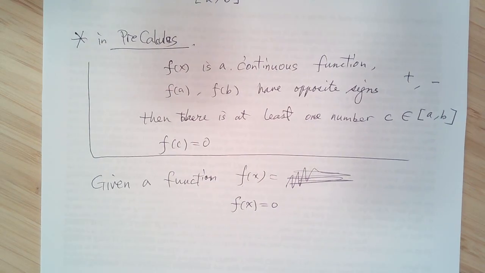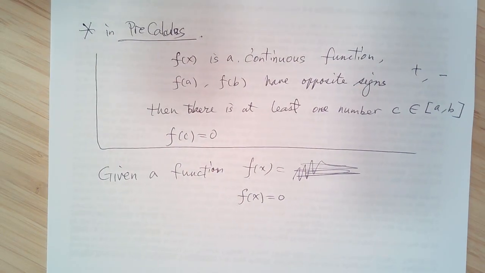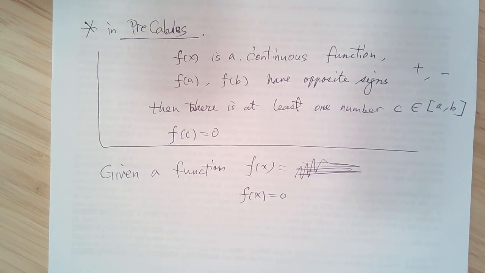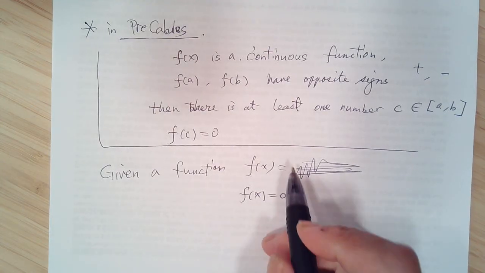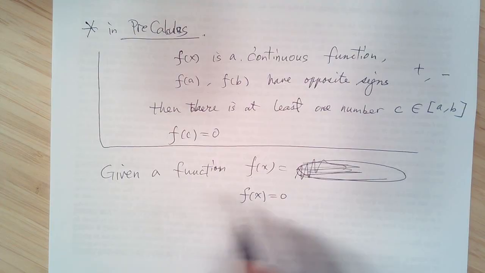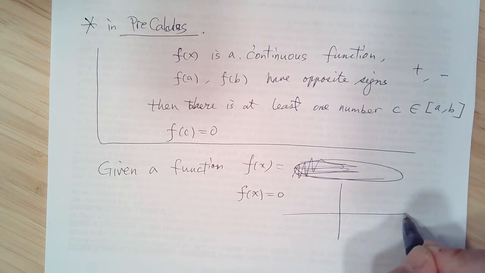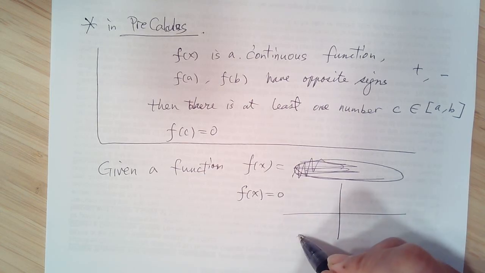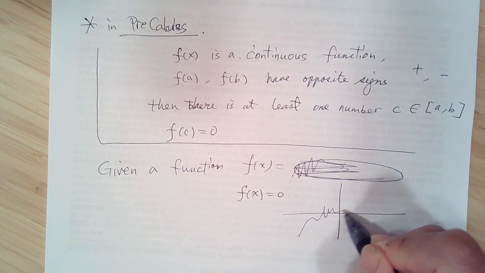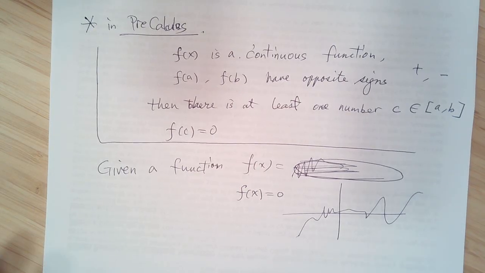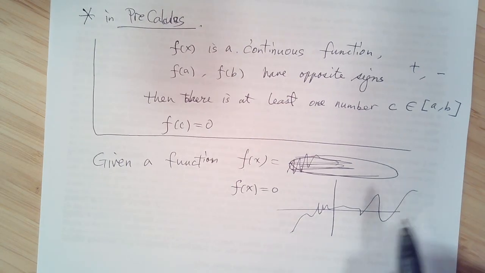You know how a computer or calculator would do that? If I give you a very complicated function, it's really hard to find where that solution is. You can graph it, and you'll find something that looks weird, right?